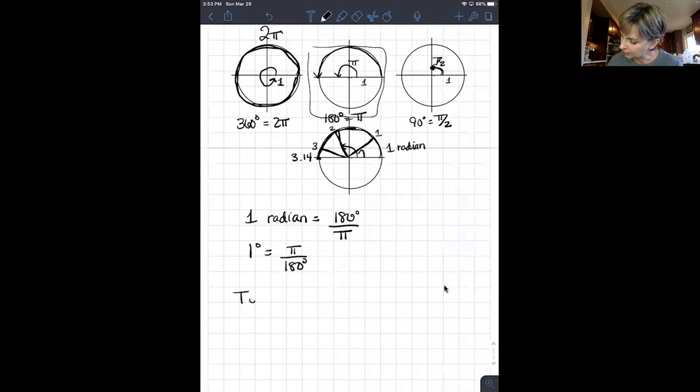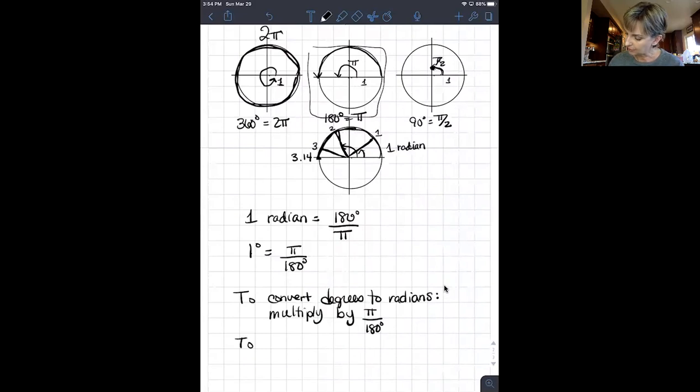Okay, so to convert degrees to radians, you're going to multiply by pi over 180 degrees, and you'll get your radians.